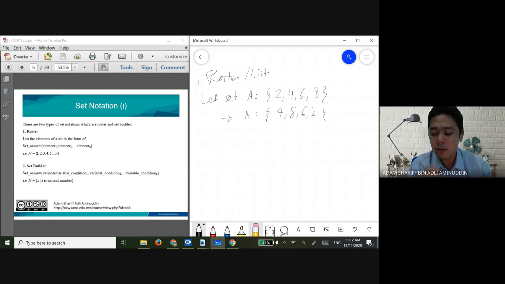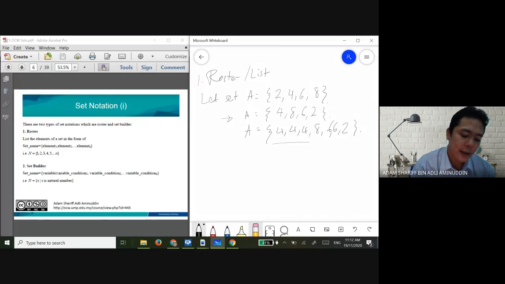However, for the set notation, there is no problem if you jumble the order. And it can also be repetitive. So for example, if I put 4, 4, 4, 8, 6, 6, 2, it is the same set again. If you repeat the element, it still counts as 1.